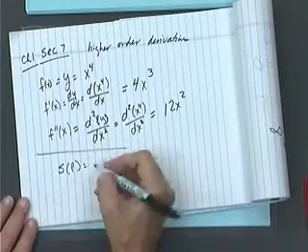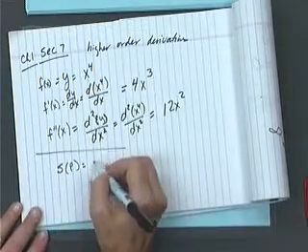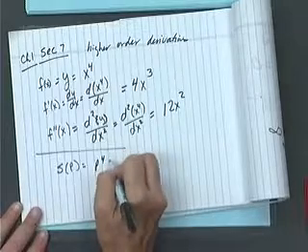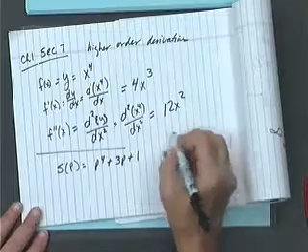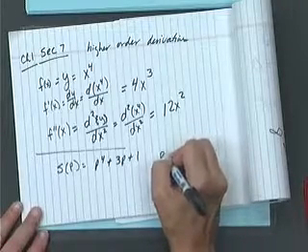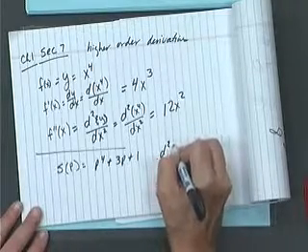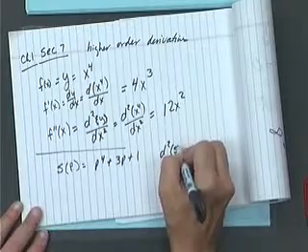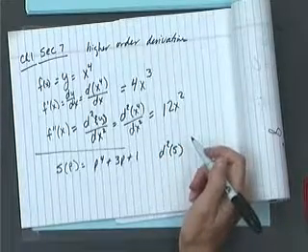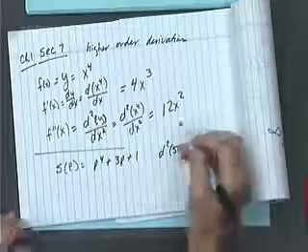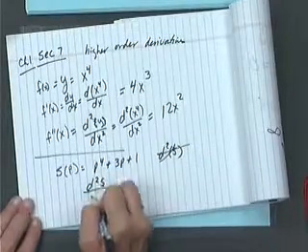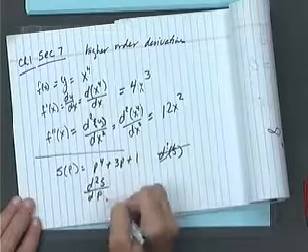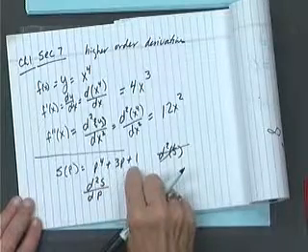Okay, now in your book you'll see problems like this. s of p equals, I don't know, something like p to the fourth plus 3p plus 1. And it'll ask you to find the second derivative of s with respect to p, because p is my variable.